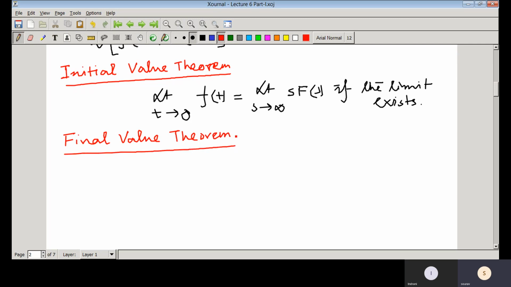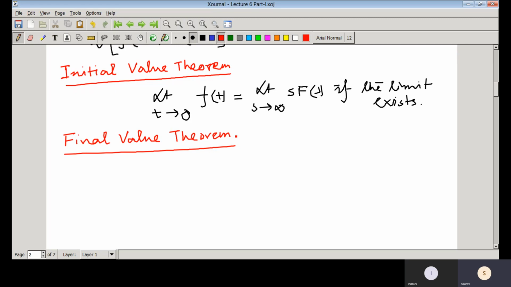It is just the opposite of the initial value theorem. If you would like to find out the value of that function when t tends to infinity, it can also be obtained in the Laplace domain as follows. According to the final value theorem, when t tends to infinity, the value of f(t) is limit s tends to 0 of sF(s).